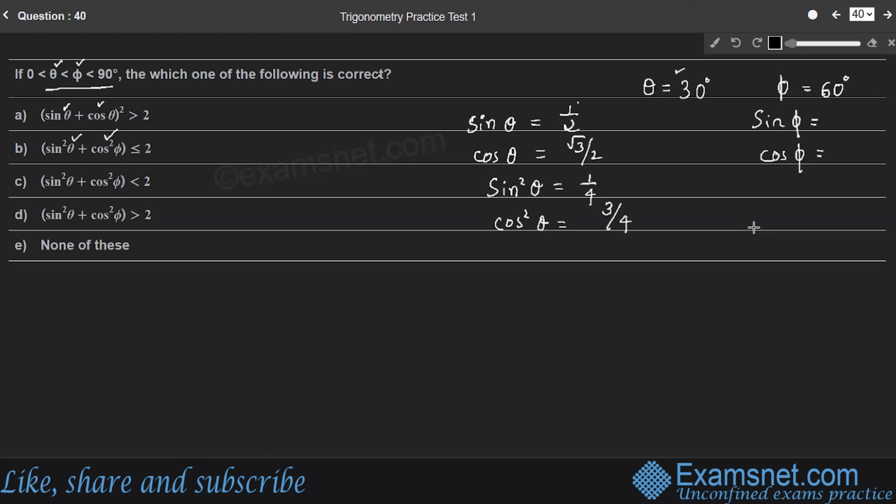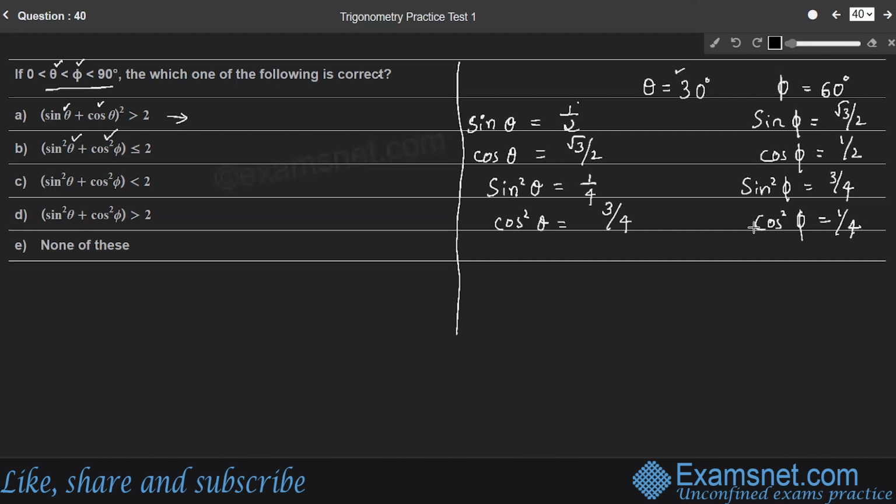Whereas sin 60 is root 3 by 2 and cos 60 is 1 by 2. Therefore sin square pi is 3 by 4 and cos square pi is 1 by 4. So using these values, let us decide which one of the given options is correct.